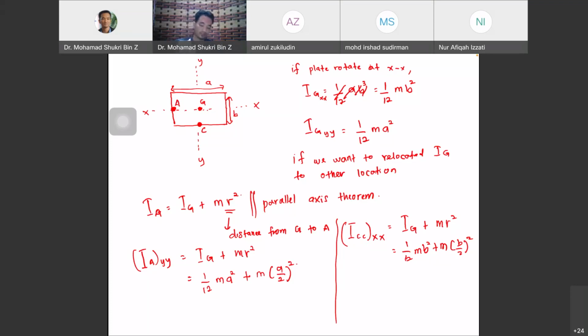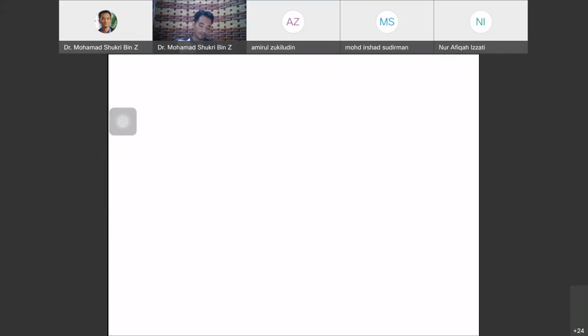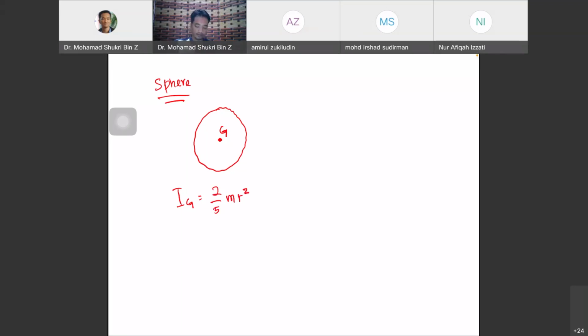We have another example. Let's say we have a sphere. The I gravity for a sphere can be found in the textbook or appendix. For a sphere, I gravity is 2/5 MR squared. This is already fixed, you don't need to derive it. It is given in the textbook appendix.